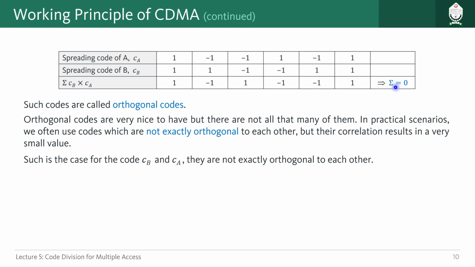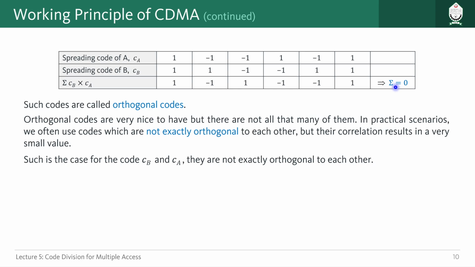But you see, when we have multiple users, we should have multiple codes available where all of them are orthogonal to each other. That is not that easy to get. As a result, in practical scenarios, we have codes that are not exactly orthogonal to each other, but they have some kind of property where correlation will result in a value which is very less.